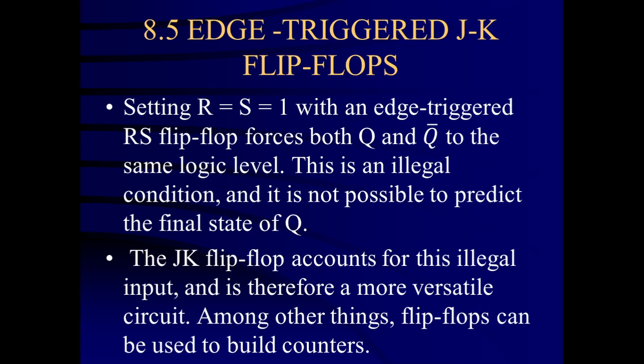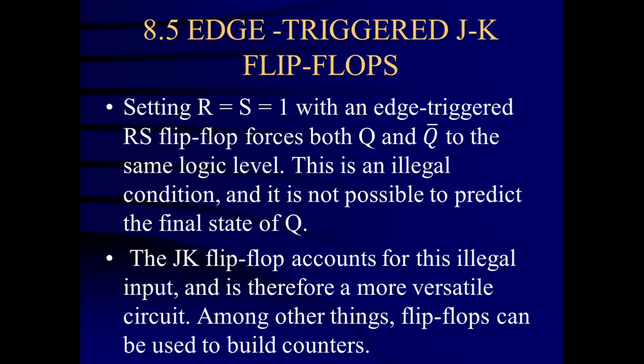To avoid these conditions, and moreover to add some advantage in counting the number of positive edges or negative edges, that is done in JK flip-flop. So JK flip-flop is a modified version of edge triggered RS flip-flop where three input AND gates are utilized.